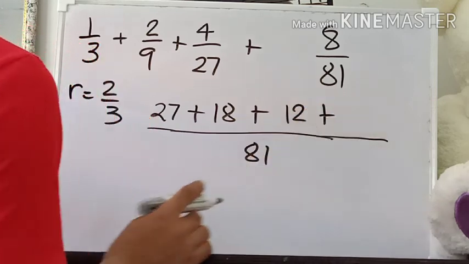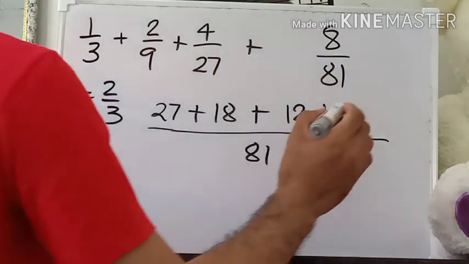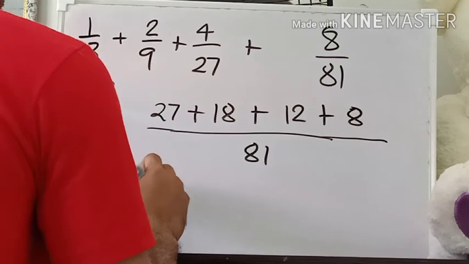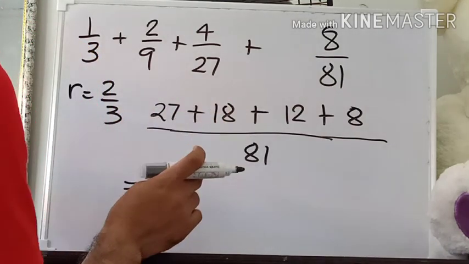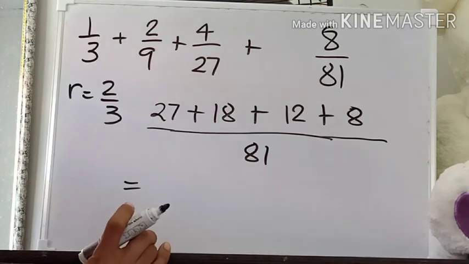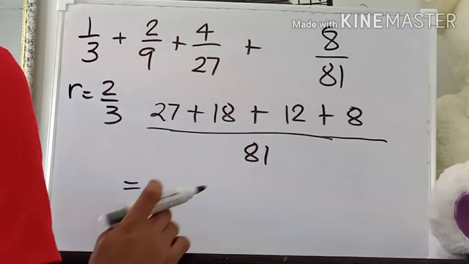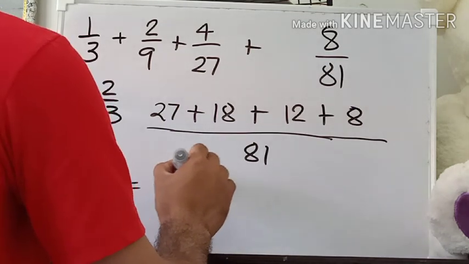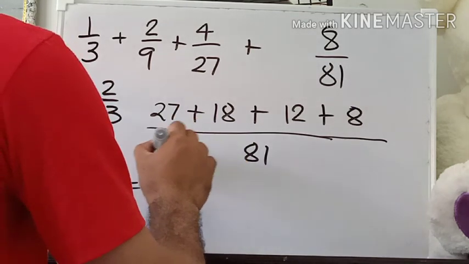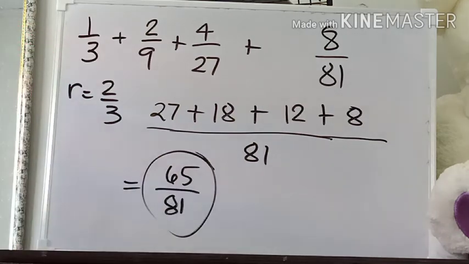Plus 81 divided by 81 times 8, that's 8. Then take the sum of those numbers in the numerator. That's 27 plus 18, that is 45, plus 12 and 8 is 20. That's 65 over 81. So for only few terms in a geometric series, it would also be quite easier to just do this.